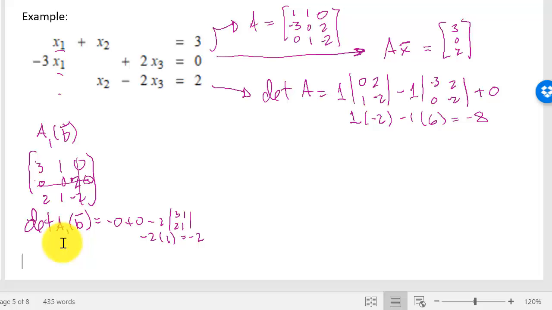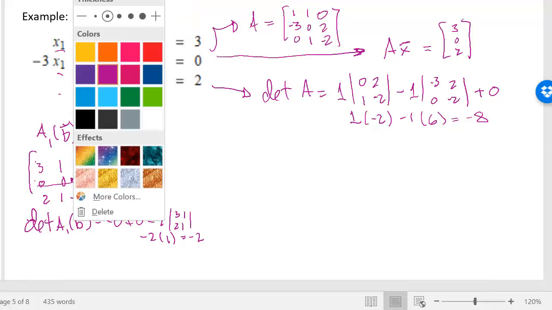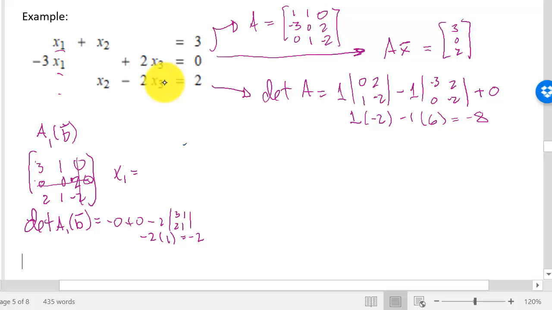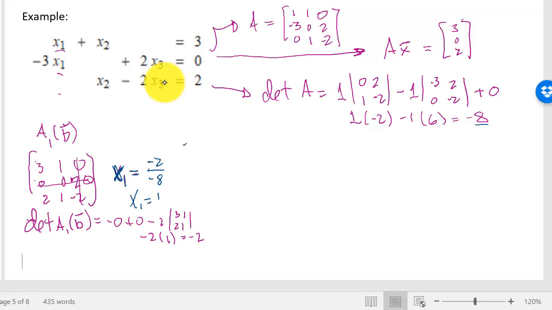So x1 will equal negative 2 divided by our original determinant of A, negative 8. So x1 is equal to 1/4.